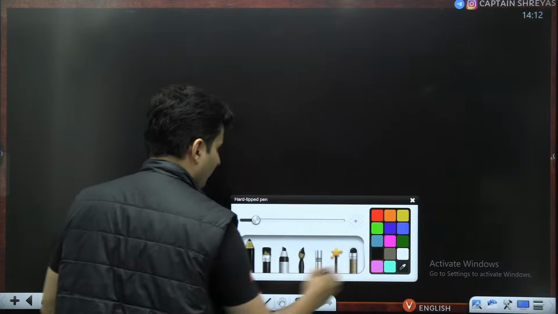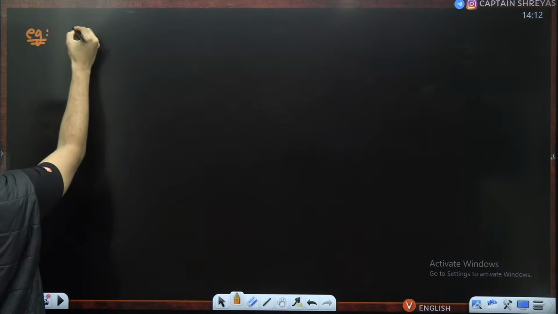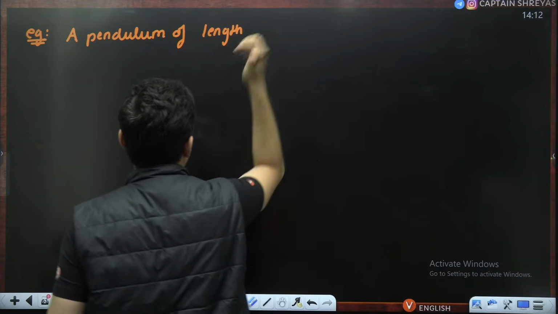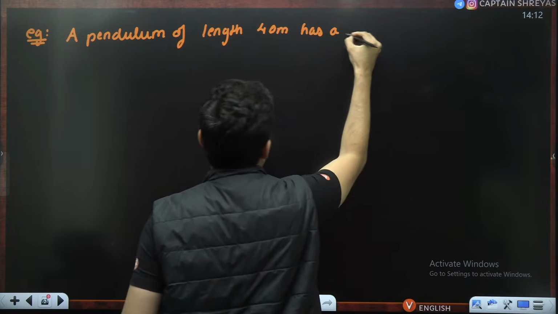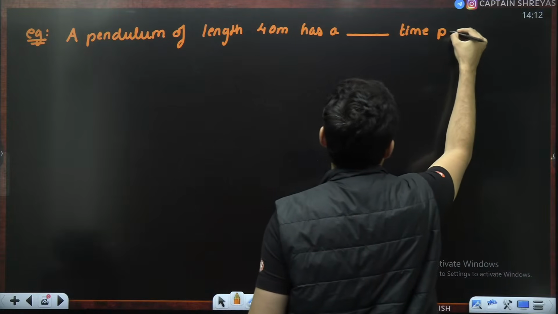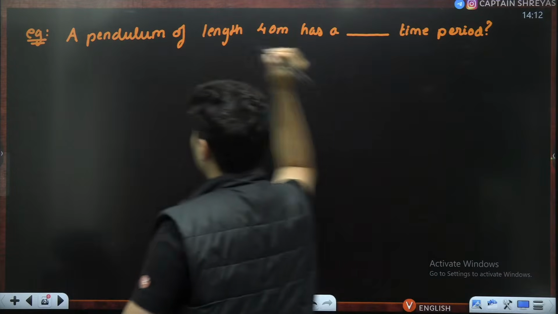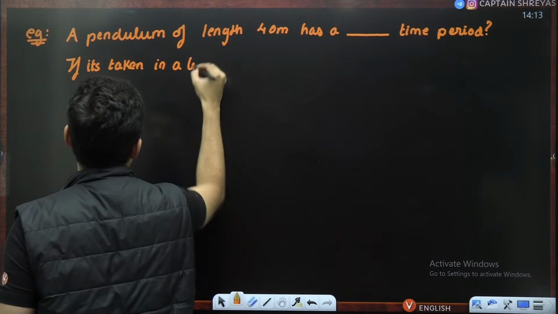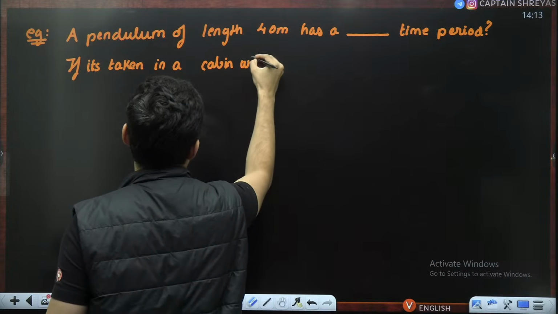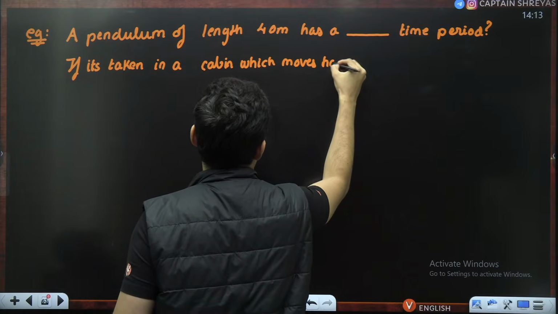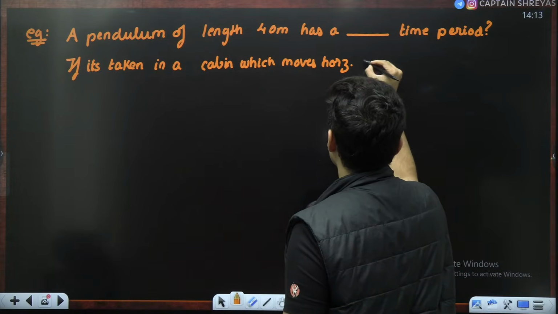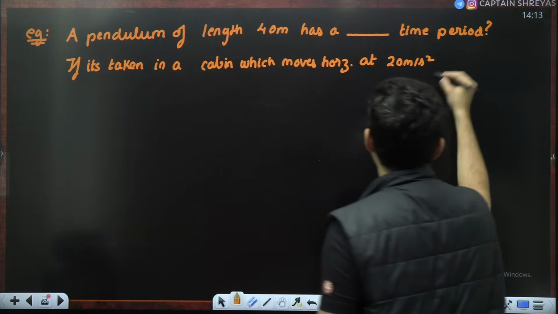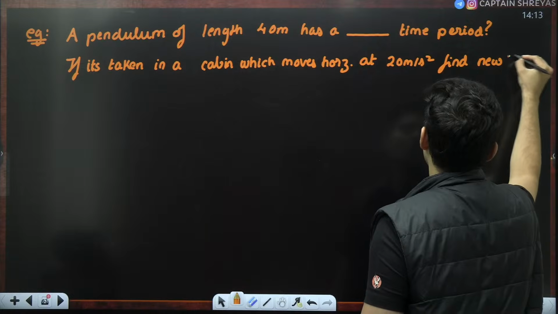Let's do some questions on this. A pendulum of length 40 meters has a time period of what? If it is taken in a cabin which moves horizontally at 20 meters per second square, find the new time period.